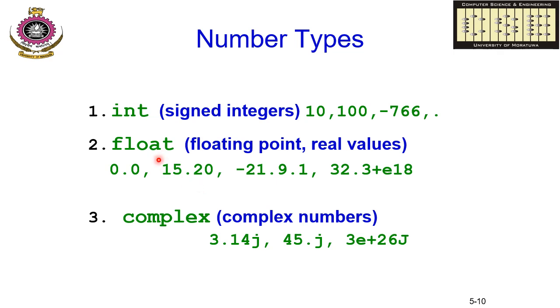When you define a floating point number, it always comes with a decimal place. And thirdly, we have complex numbers. Python supports representing complex numbers as well. There's a real part as well as an imaginary part in a complex number. Python supports lots of scientific computation, so complex number representation is quite important from that perspective.